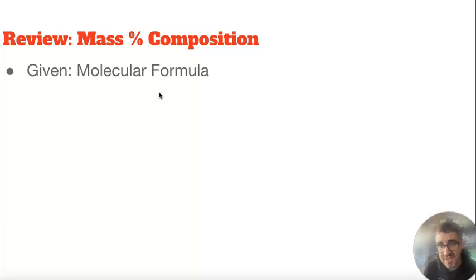One of the things that you need to be given to determine mass percent composition is the molecular formula. Okay, and in this lesson, we're going to kind of go forwards and backwards. We're going to require something that determines where we need to know the molecular formula, and then at the end of the lesson, we're going to be determining the molecular formula.